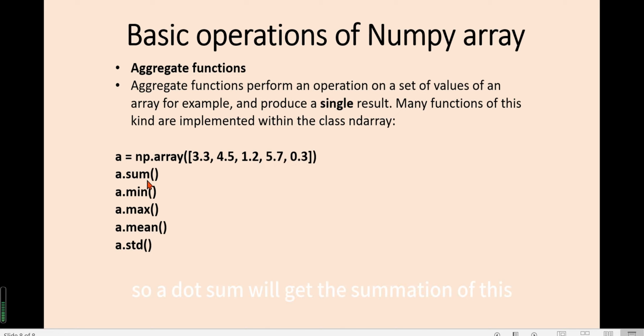A.sum will get the summation of these 5 values, and A.min will get the minimum value of these 5 values, and this will get the maximum value, and A.mean will get the mean or average of these 5 values. A.std will get the standard deviation of these 5 values.